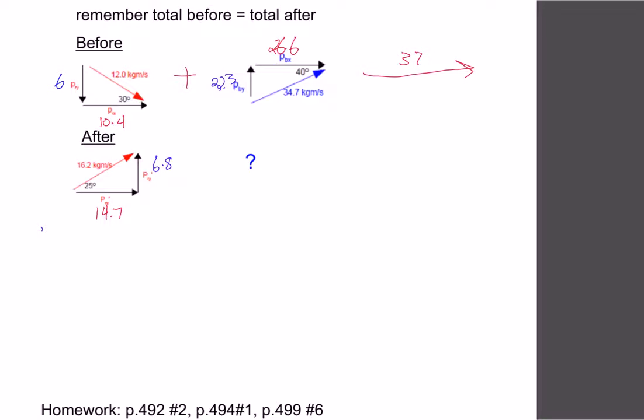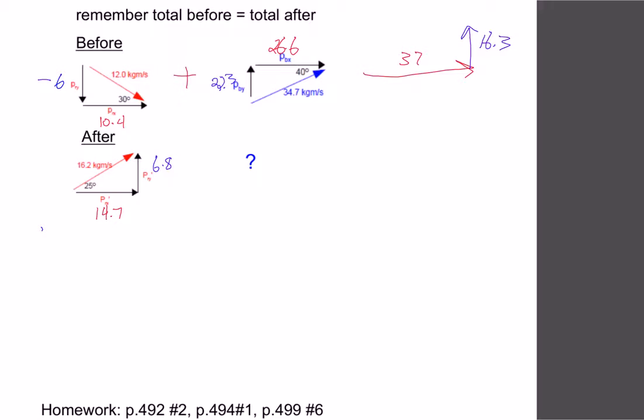If we add our vertical components, we got 22.3 up and we got 6 going down, so let's put that as a negative 6. 22.3 plus negative 6 gives us 16.3 up. So that's our two net results for our before.